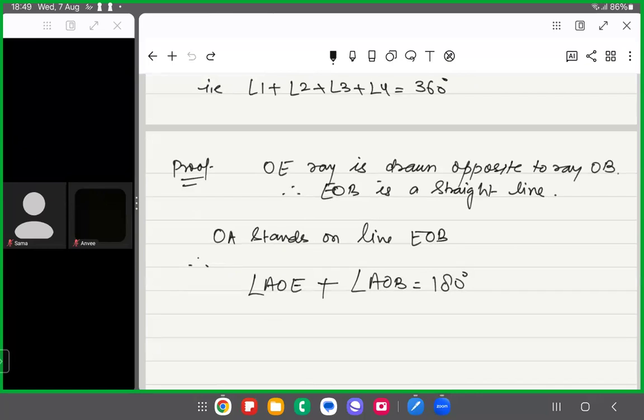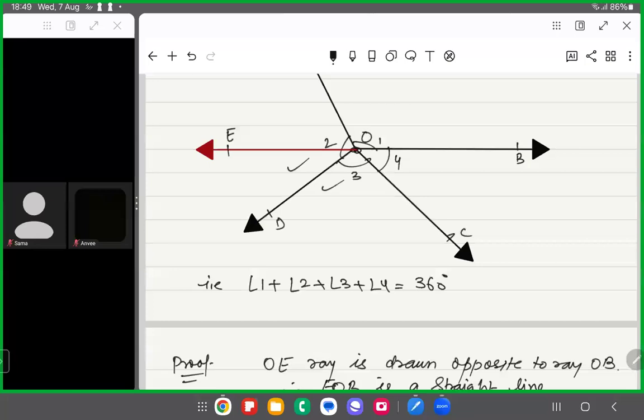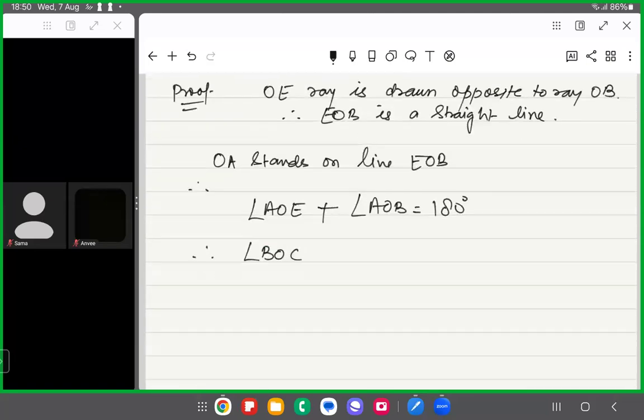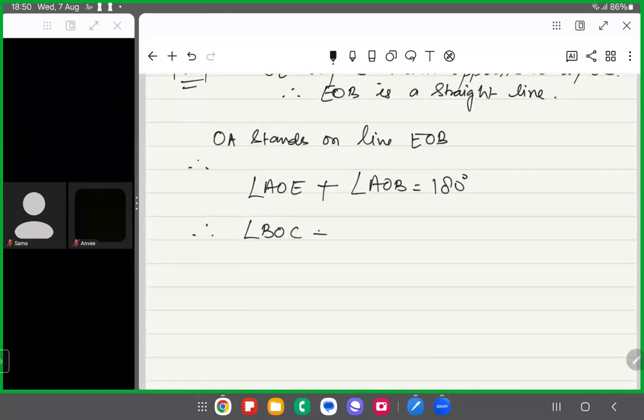Now, as we know, the sum of all the angles at a point on a given line on the same side is 180 degrees. So we can say that angle BOC, COD and DOE, these three angles, are on the same side of the straight line EOB, so their sum has to be 180 degrees. So angle BOC plus angle COD plus angle DOE is equal to 180 degrees. Why?